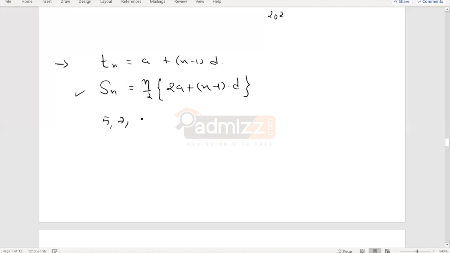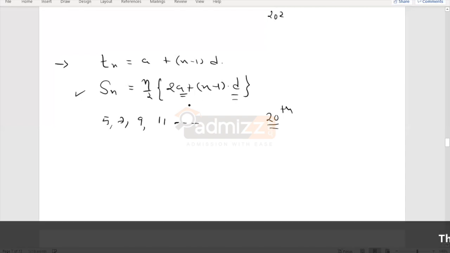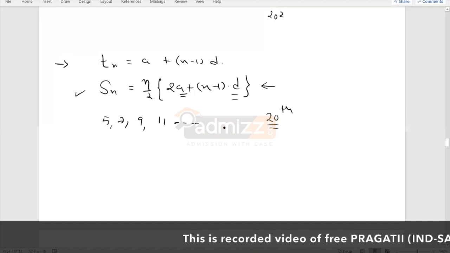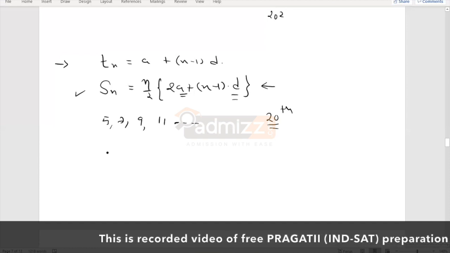Suppose the sequence 5, 7, 9, 11 is given. Find the sum of the first 20 terms. At that time you should have only A and the difference D, and this is n. You can put the values in this formula and get the sum of the first 20 terms.